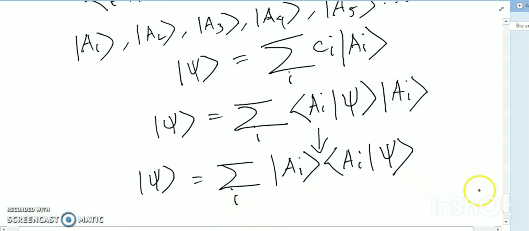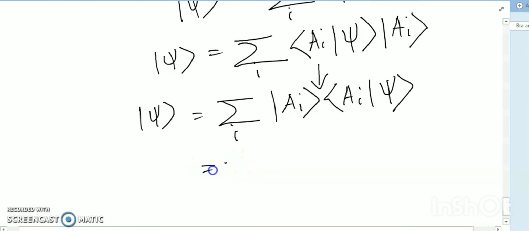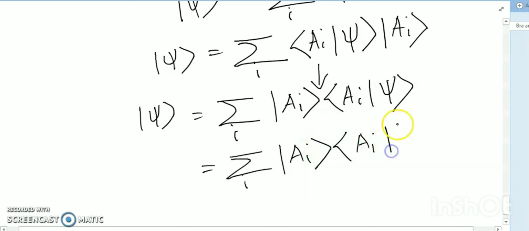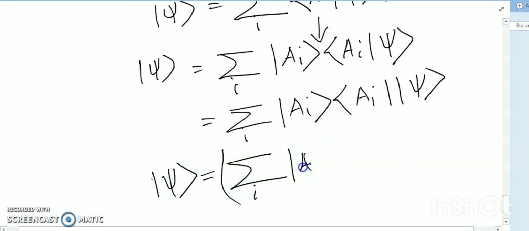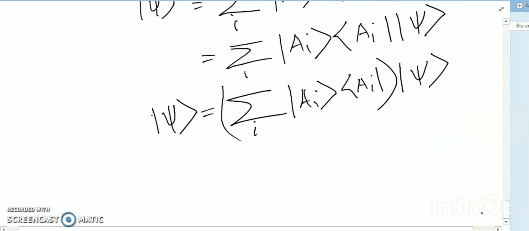So we can break apart and write this way, a_i and a_i. Now take a look at the right hand side.